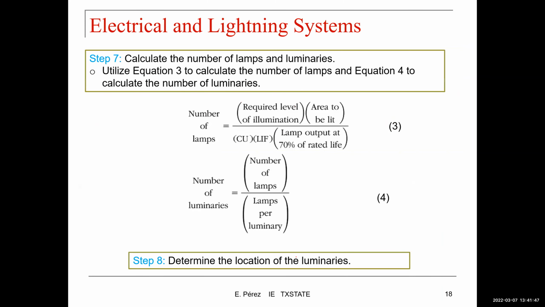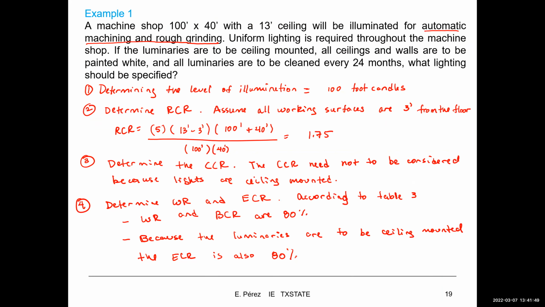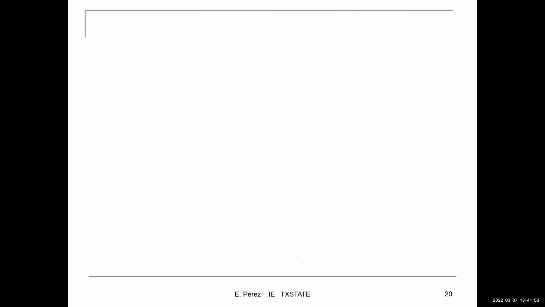What's next? Step 5. Determine the coefficient of utilization, CU.